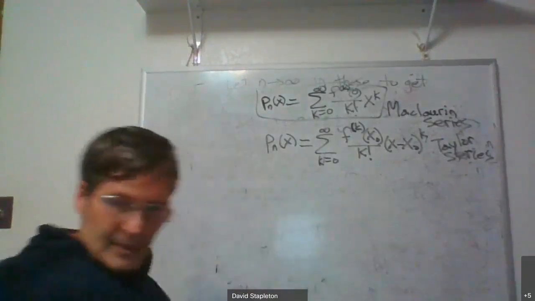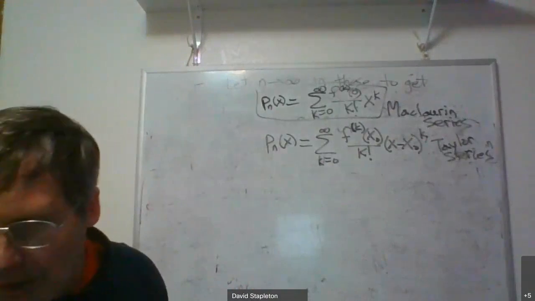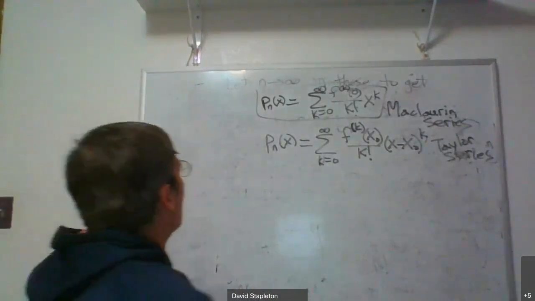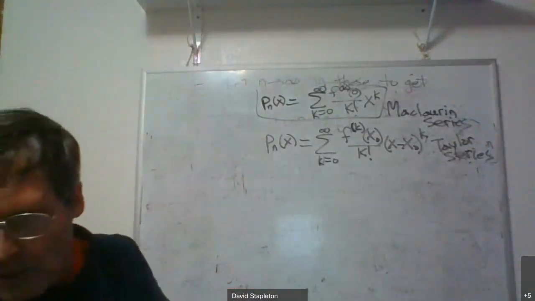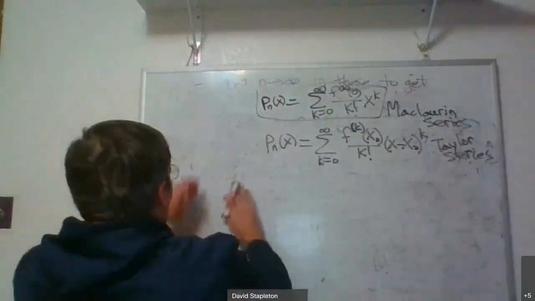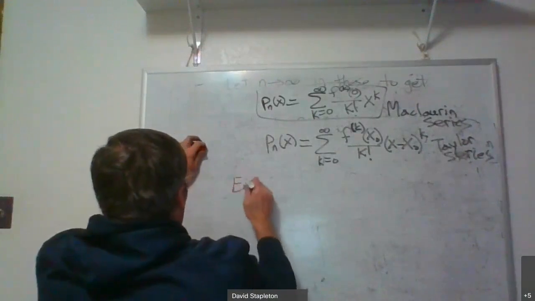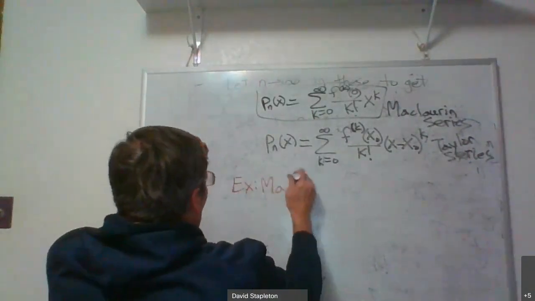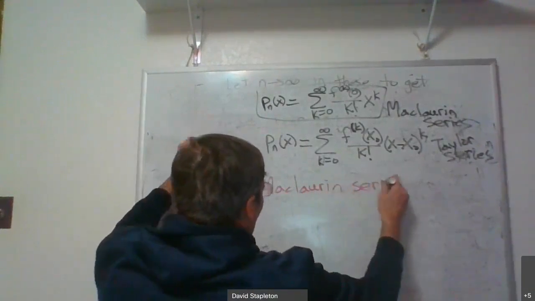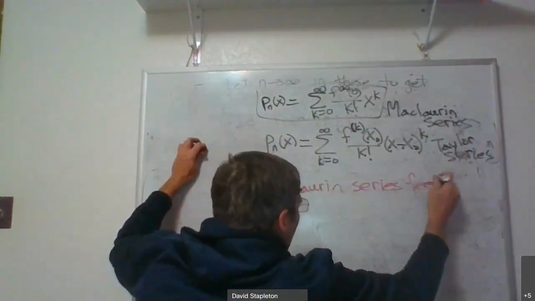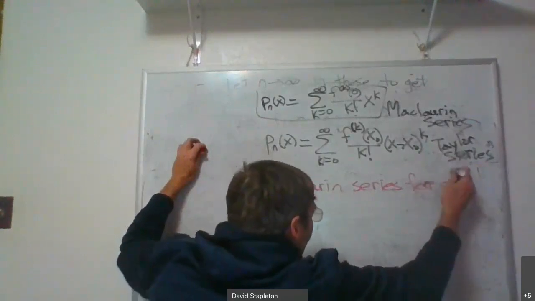Let's do the easiest one since I'm very short on time. What is the Maclaurin series for e to the x?